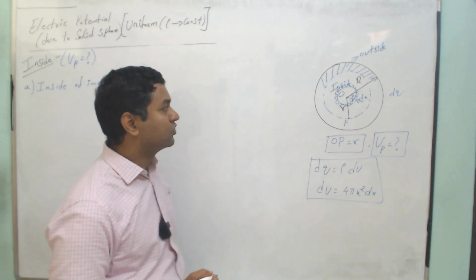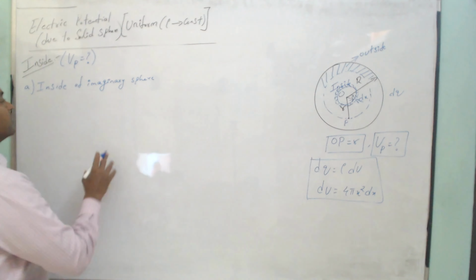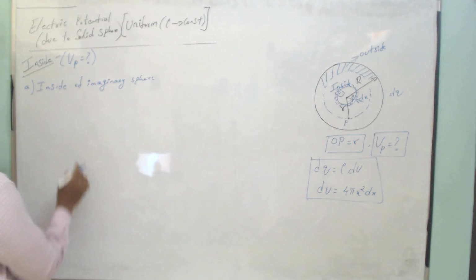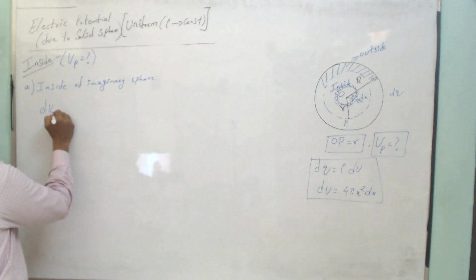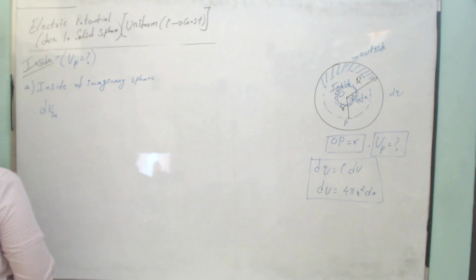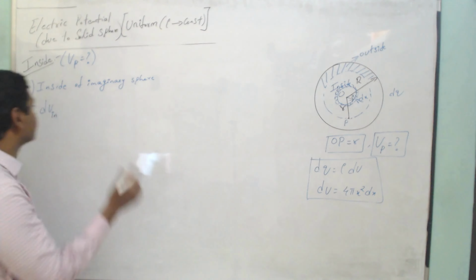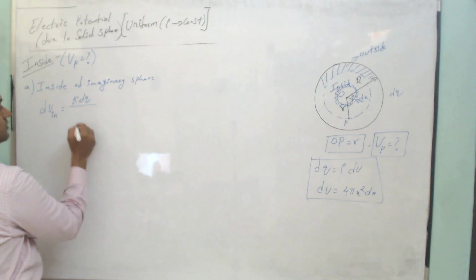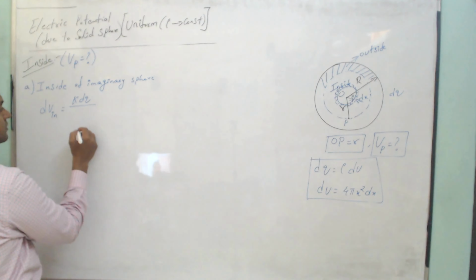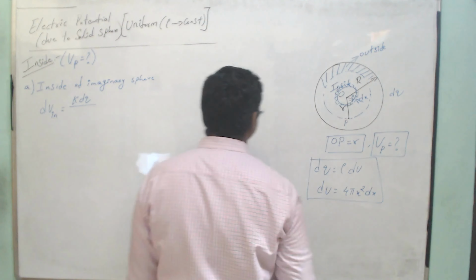What is the potential due to this small element? dv inside. Why I'm writing inside is due to the inside material, is equal to k dq by, basically, what do we have?